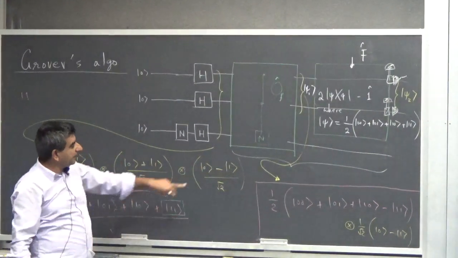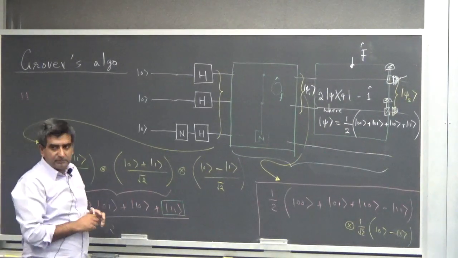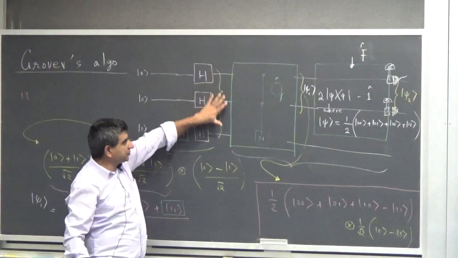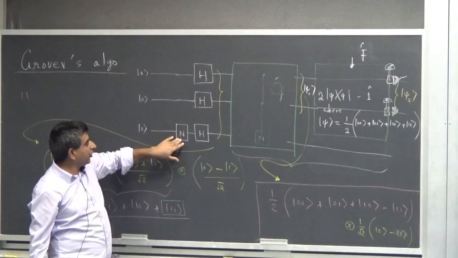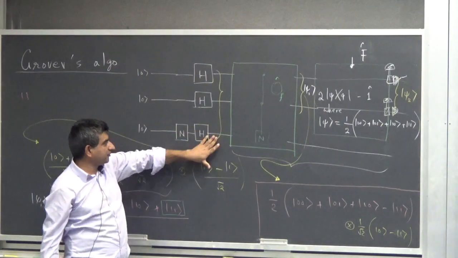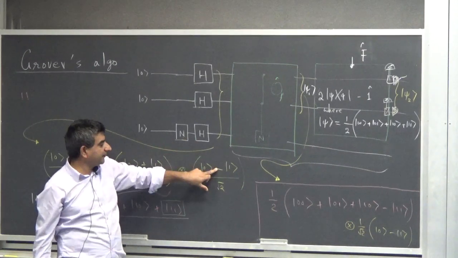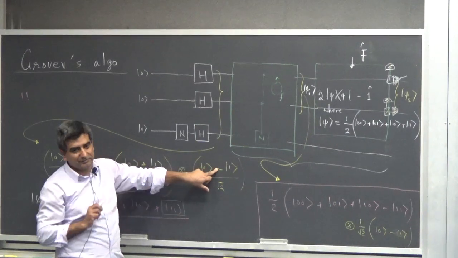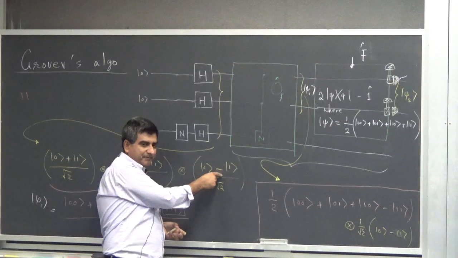This minus sign is really important. Here a superposition is created with the help of these Hadamard gates. If this NOT gate didn't exist, an equal superposition would have been created, with the plus sign here. But this NOT gate has injected a negative sign into our calculation. So what we hope is that we're going to exploit this negative sign.